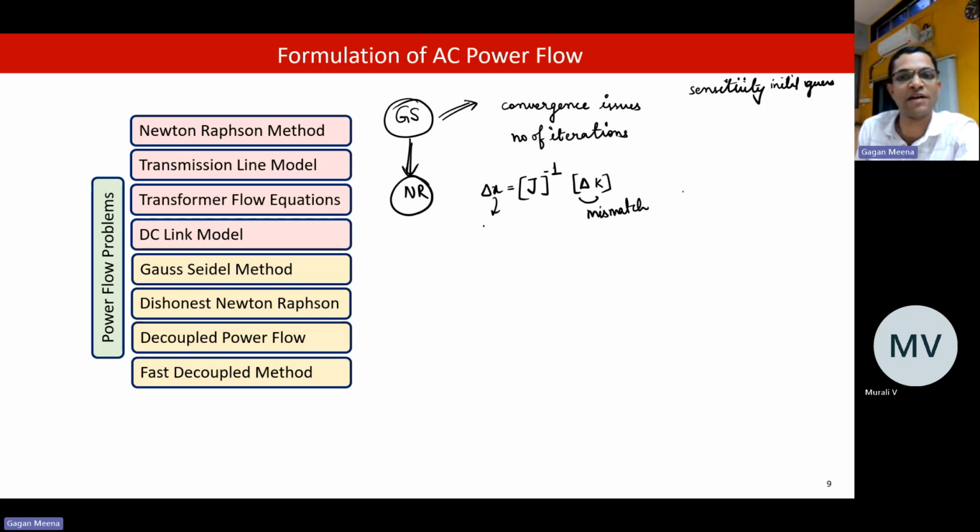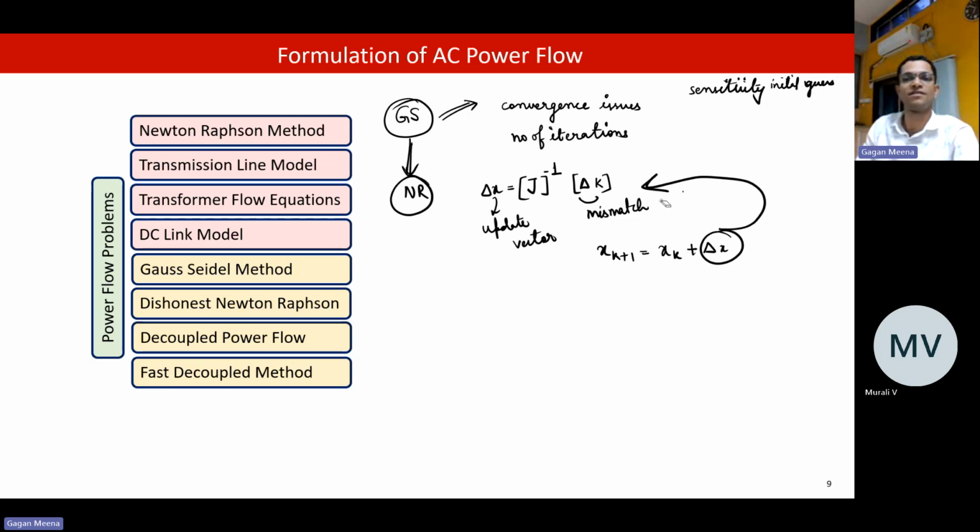And this is our update vector. The next value of x, at k plus 1, will be x plus delta x. This is the update vector, and we find it using this Jacobian.